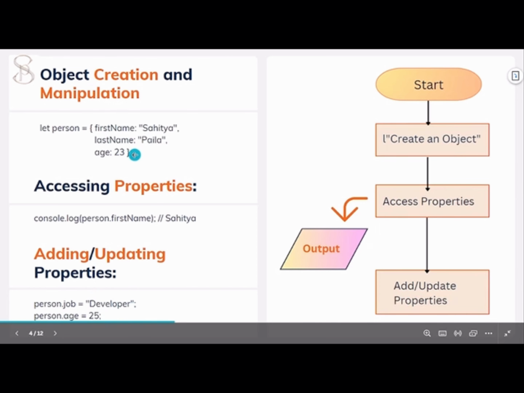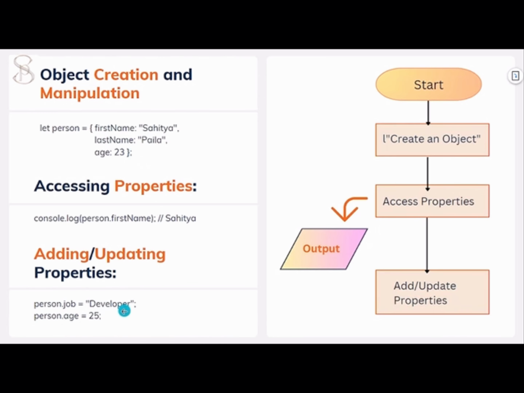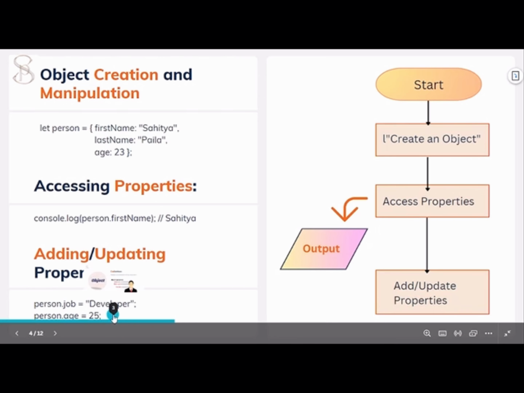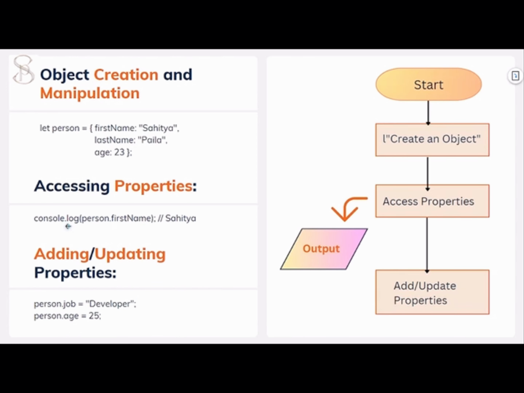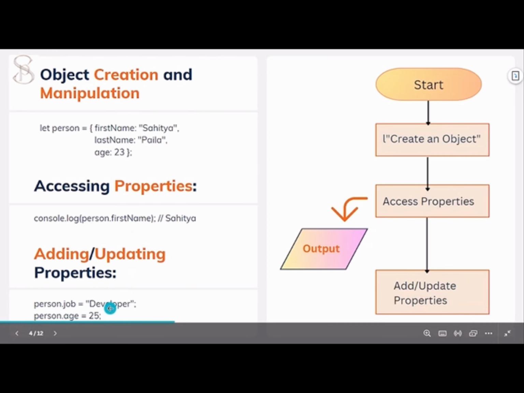We already have age 23 and I am going to update it to 25. So I can give directly person dot age equals 25. We will use double quotes for the string and for the number there is no need. When we want to check the output, if we give console.log of any of these key value pairs, then we will get the updated value and also we will get the job as well.